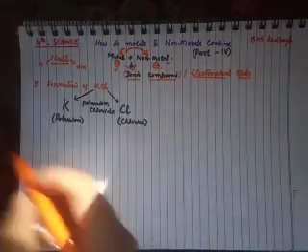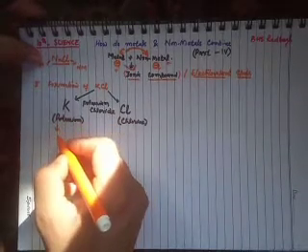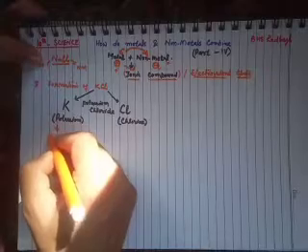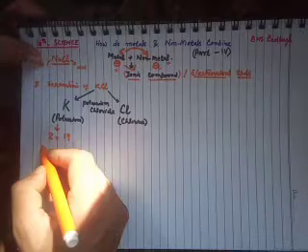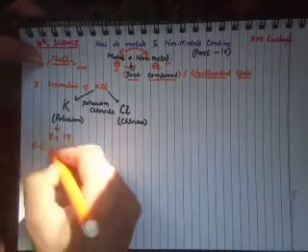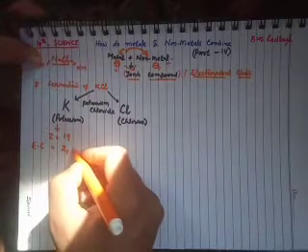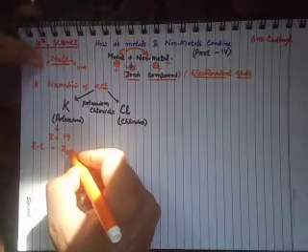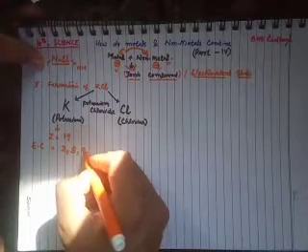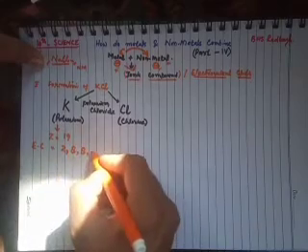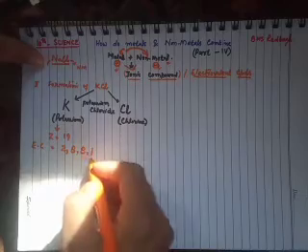Dear students, the atomic number of potassium is 19, so Z is equal to 19. And if we write its electronic configuration, in the first K shell we can accommodate 2 electrons. Then in the next energy level, that is L, we can accommodate 8 electrons, and then in the third we can accommodate 8, and the last remaining one has to be placed in the fourth energy level.